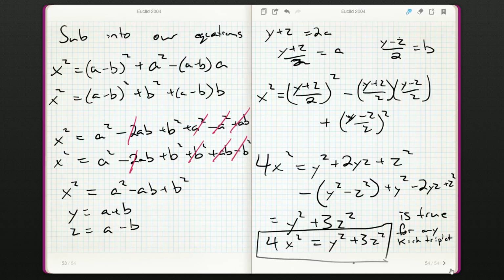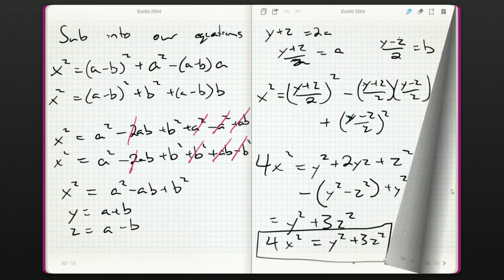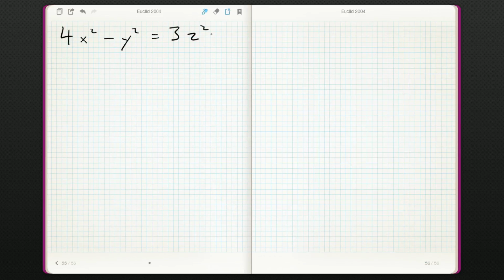So should I plug in my 5? I think it's time. I think it's probably time. What could I do here? Well, let's put the focus on z for a moment. And this is a difference of squares.